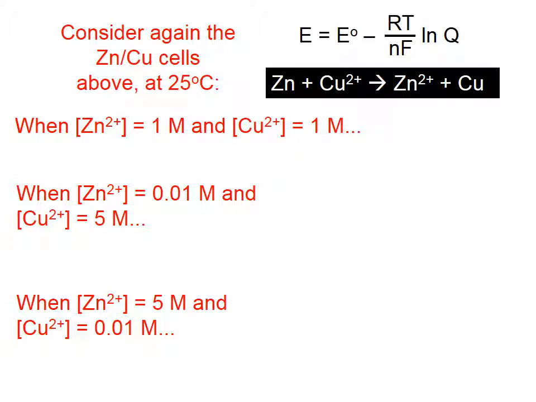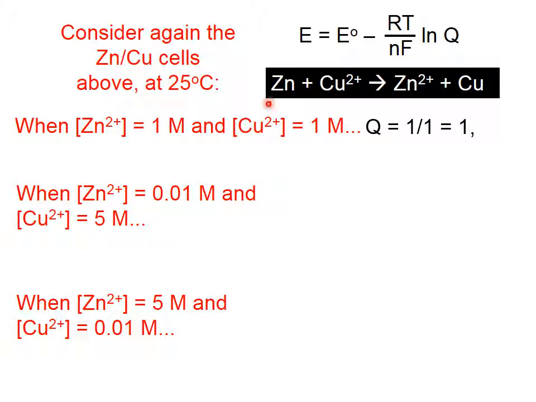Let's consider again the zinc-copper cells above at 25 degrees Celsius. In the upper right corner, I've printed the Nernst equation, and I've printed the overall reaction equation that we began this lesson with. When the zinc concentration is 1 molar and the copper 2 ion concentration is 1 molar, Q, which is products over reactants, is 1 over 1.